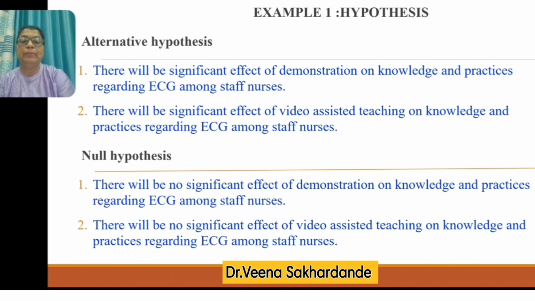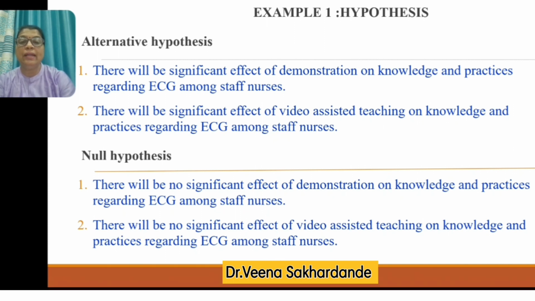And second example, there will be a significant effect of video assisted teaching on knowledge and practices regarding the ECG among staff nurses. So these two examples for the alternative hypothesis are a prediction, or we can say there is a chance of having the effect of demonstration on the knowledge and practices among the staff nurses.